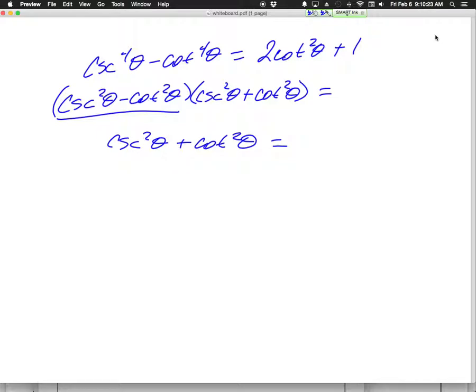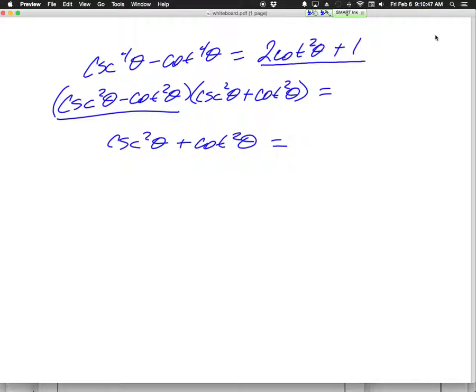Okay, here's where we have to do something we haven't done yet. Technically, we've done it, but we're having to do it closely. And here's where I need to keep in mind what it is I'm trying to get to. I'm trying to get to 2 cotangent squared plus 1. How many cotangent squares do I have now? I have 1.